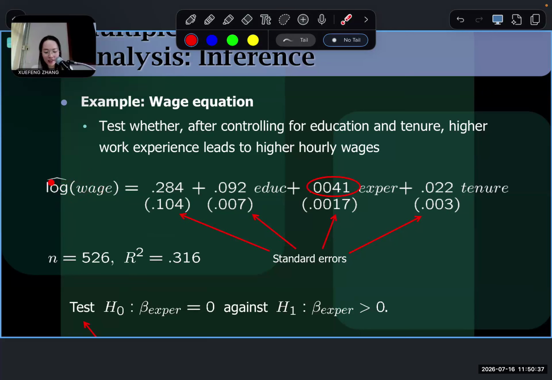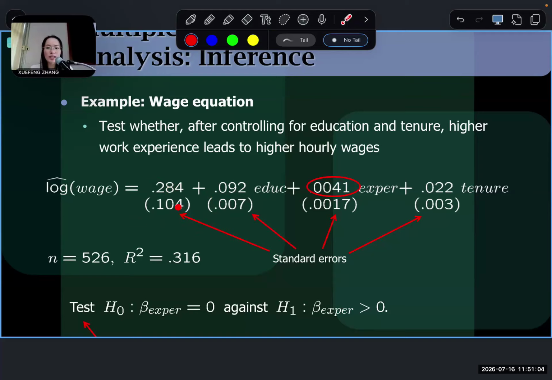Log wage hat equals intercept plus 0.092 education, plus 0.0041 experience, plus 0.022 tenure. Below each coefficient in parentheses is its standard error.